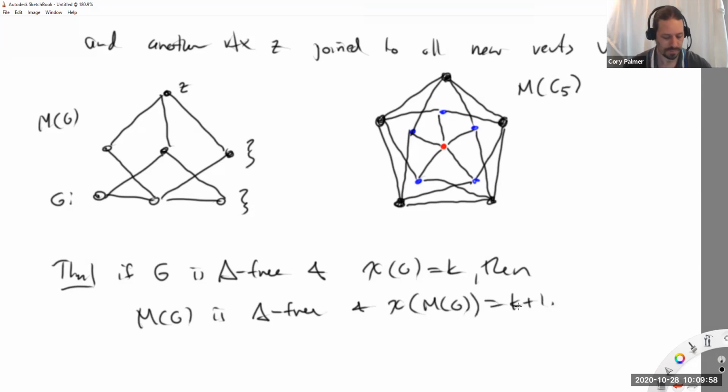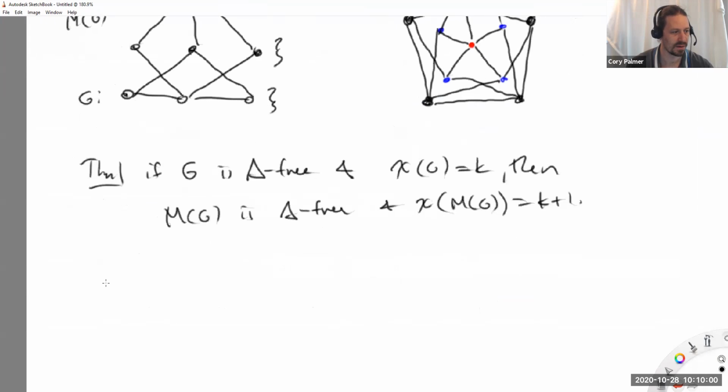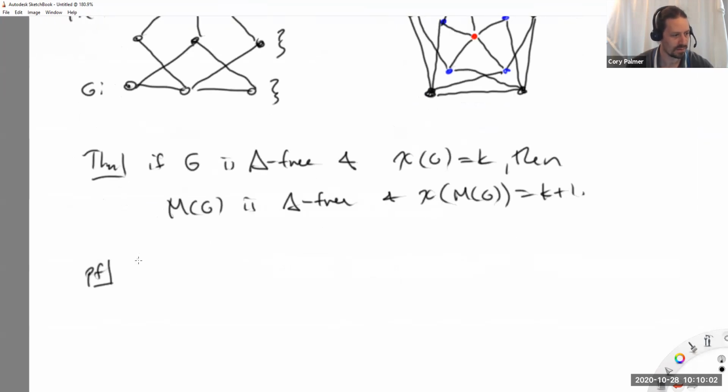The proof of this is going to be an exercise. This will be on the next homework set. An induction is probably a good idea here. Basically, you use the fact that G is triangle free and has chromatic number K to show that the next one has to go up. Can't stay the same is maybe a better approach.